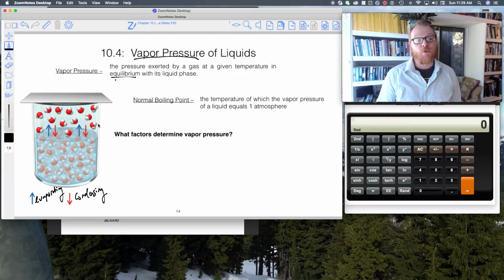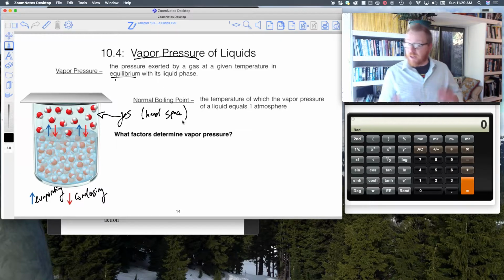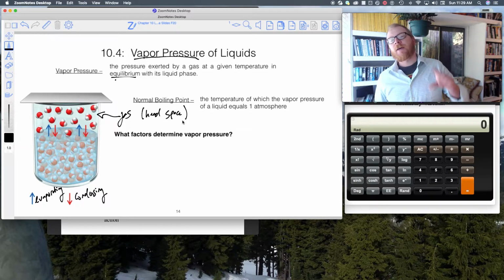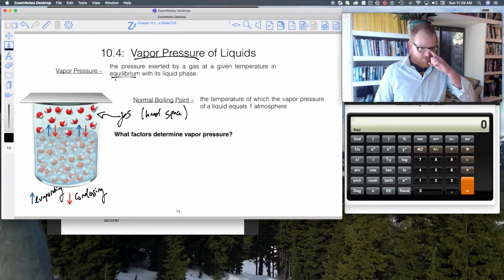And so now there's going to be a gas in what we call the headspace. Okay? When we have a container with a liquid in it and it's closed off, the space above the liquid, we call that the headspace. And there's gas in that headspace. Specifically, there's vapor.